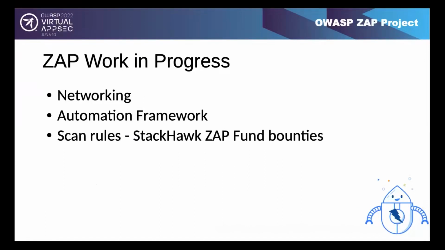If you have any applications where ZAP doesn't crawl them effectively, please let us know. I've asked on Twitter and I've got some responses, but nowhere near as many as I'd like. I want to have more and more examples of where ZAP doesn't explore web applications effectively, particularly modern ones, because that's something we're focusing on as well.